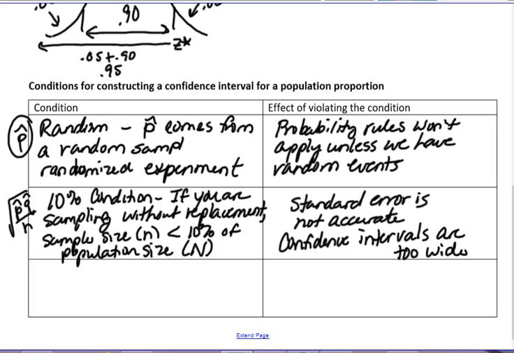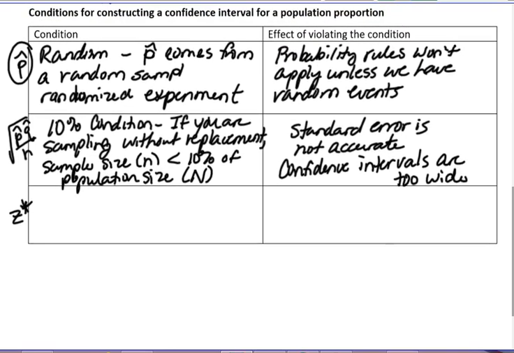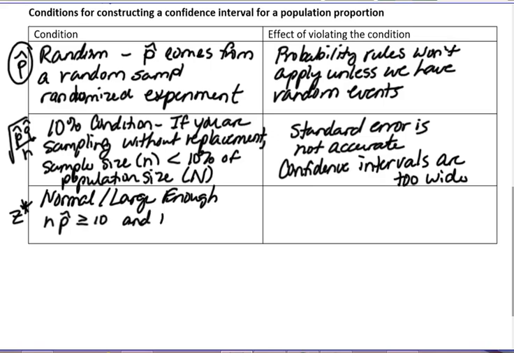The last condition, the third condition, has to do with our ability to use our z critical value. We can only use our z critical value if the distribution of p hat forms a normal model. So this is our normal large enough condition. In other words, is our sample size, is the combination np or nq, large enough to use a normal model? So we say n p hat is greater than or equal to 10 and n times 1 minus p hat is greater than or equal to 10.